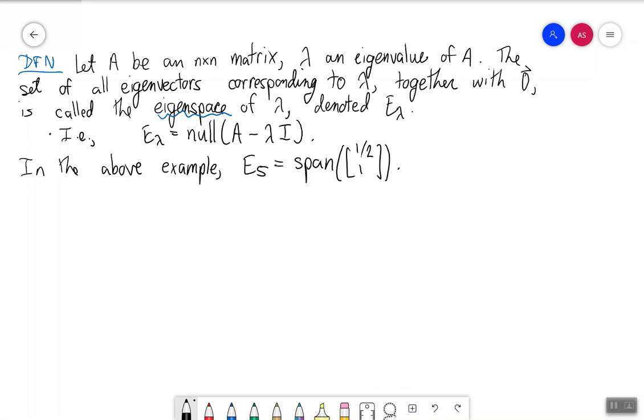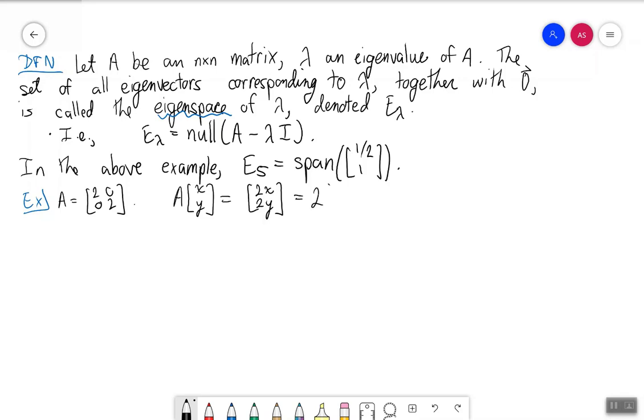Let's look at some more examples. Take a look at this matrix A equals 2, 0, 0, 2. I'm going to give you a moment to try and see if you can come up with an eigenvalue of this matrix just by looking at it. To give an idea, what does it do to the vector (x, y)? Well, A times (x, y) is equal to (2x, 2y), and this is true for any x and any y.